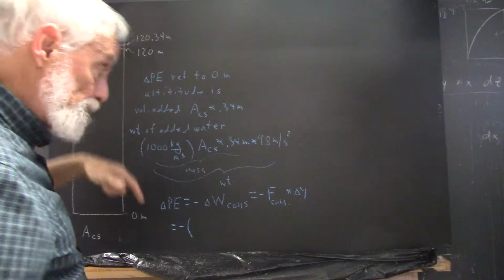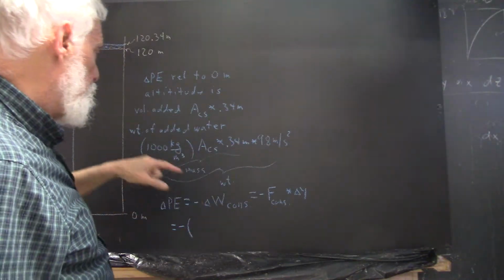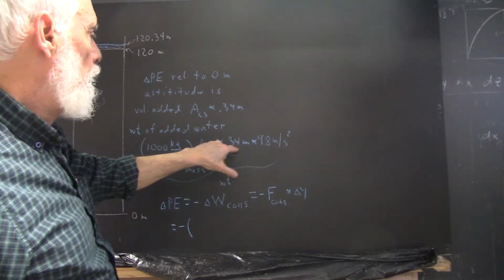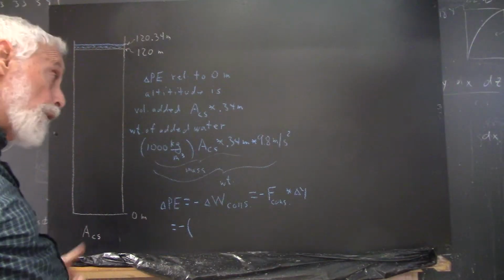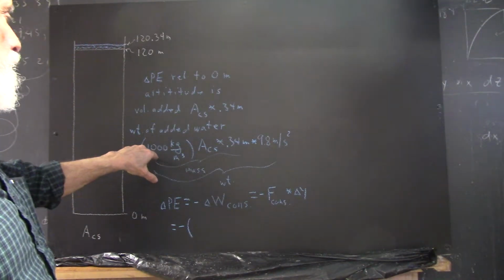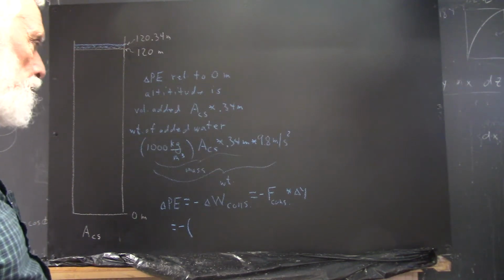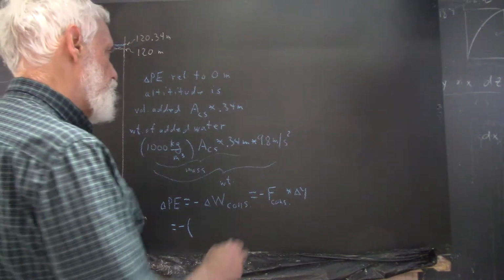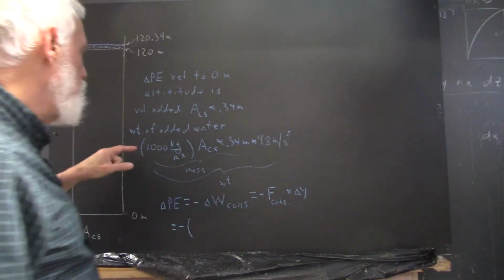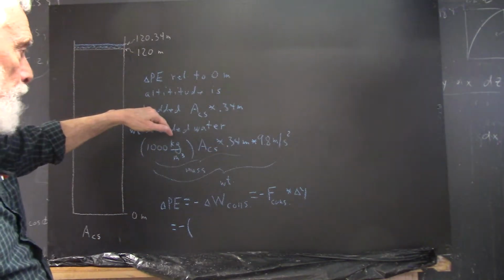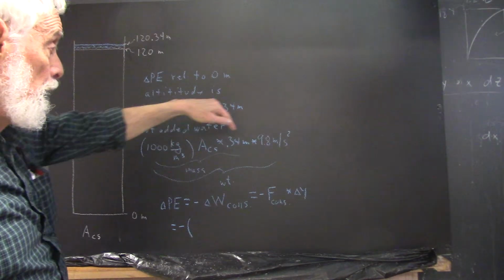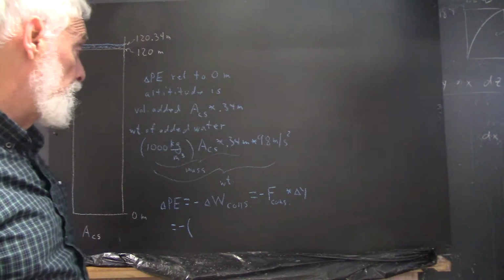Now, I'm going to multiply these numbers out. 0.34 times 9.8 is about 3.3 times 1,000 is 3,300. So this is going to be 3,300 kilograms per meter cubed times meters per second squared.